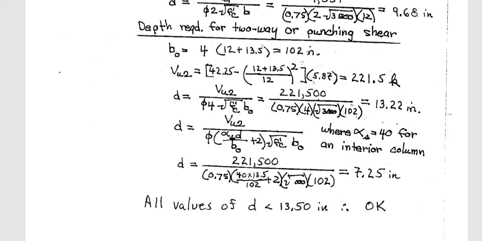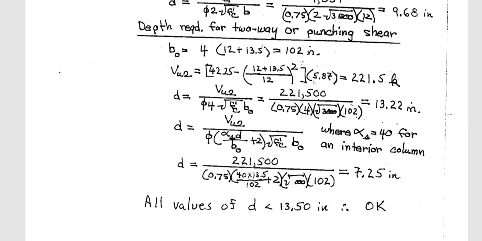It is 40 for an interior column, 30 for an edge column, 20 for a corner column. It is just a constant. Our column did not say anything, so we are assuming it is an interior column. So it is 40. If the problem says edge column, that will be 30. If the problem says it is a corner column, then it will be 20.